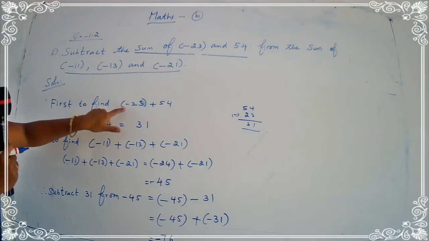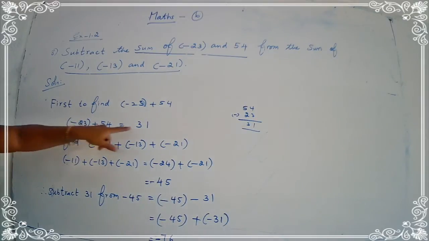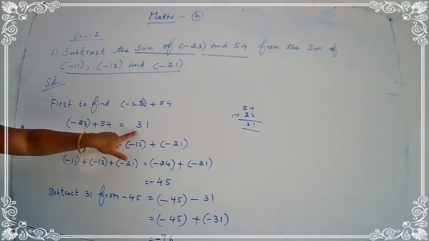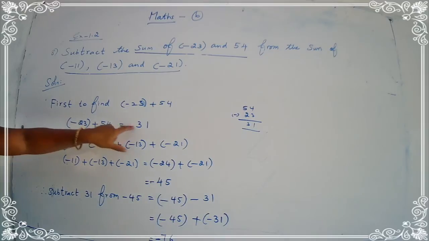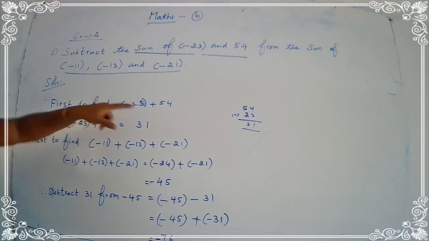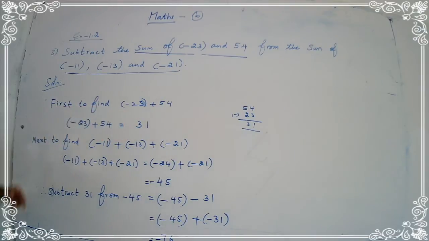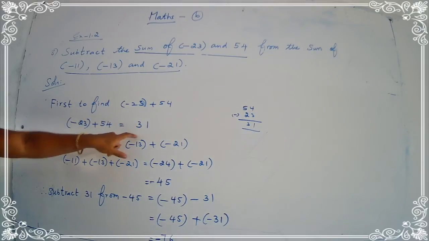So minus 23 plus 54 is equal to 31. Here is negative sign, this is the positive sign, so we find the difference and put the greater number's sign. So 54 minus 23 is 31. Here the greater number's sign is plus, so your answer is plus 31.